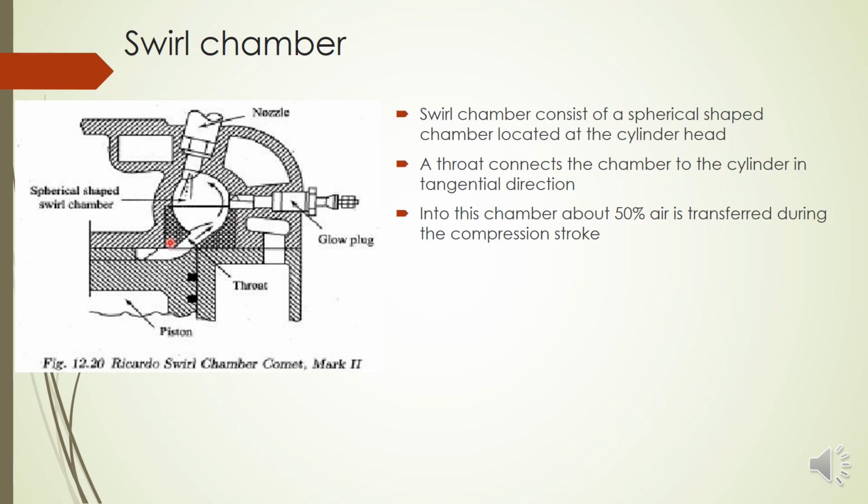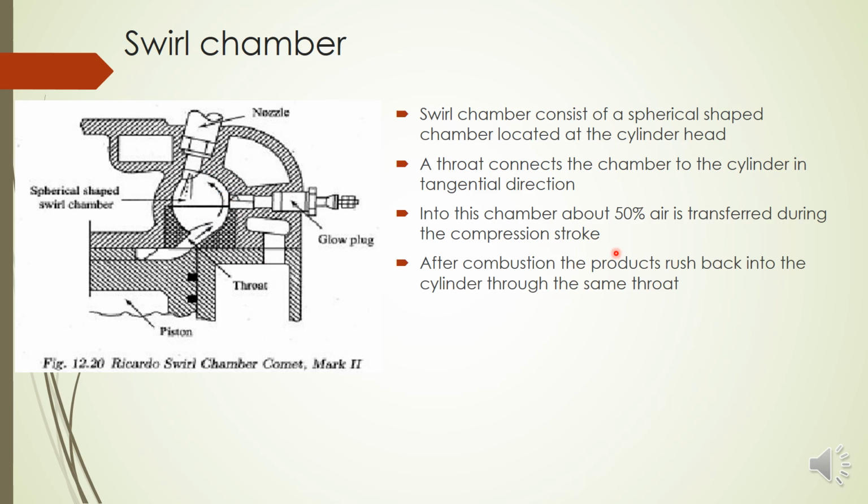And into this chamber, what happens is during the compression stroke, when the piston is at TDC, 50% of air is transferred to the swirl chamber. So this chamber will contain 50% of air during the combustion stroke, and that will create a swirl.